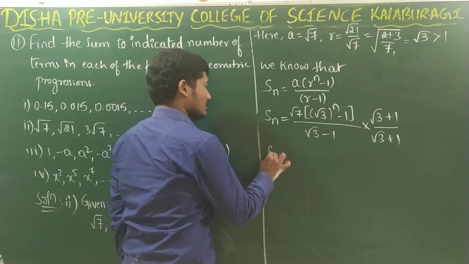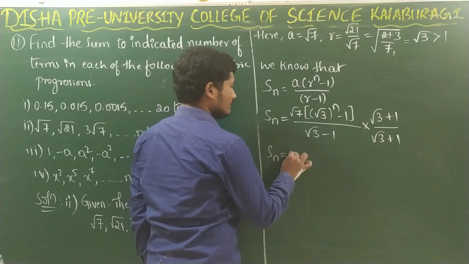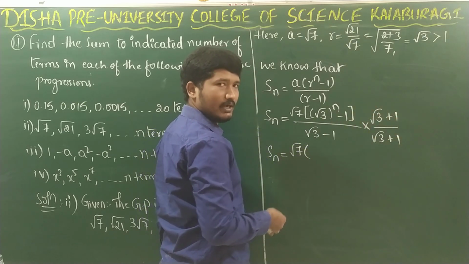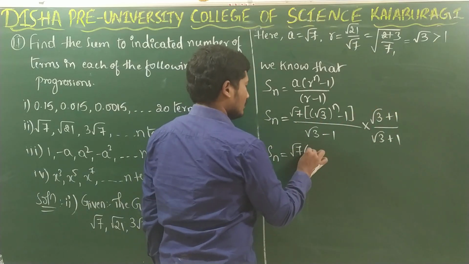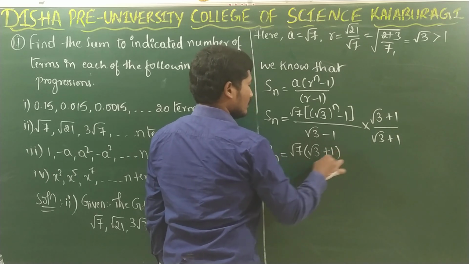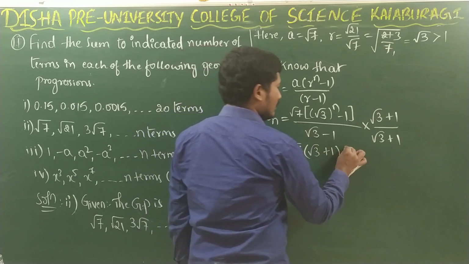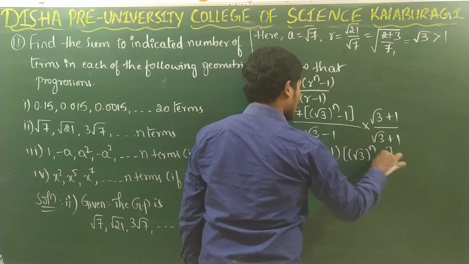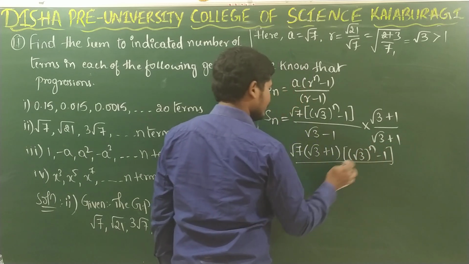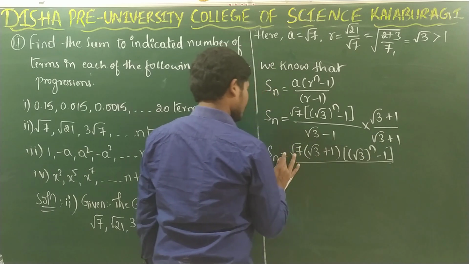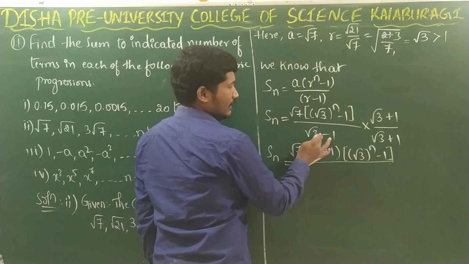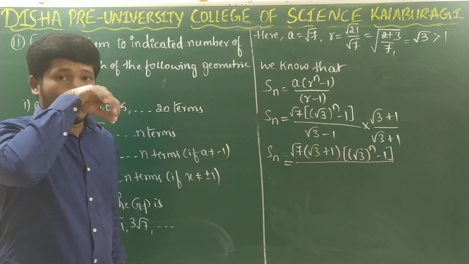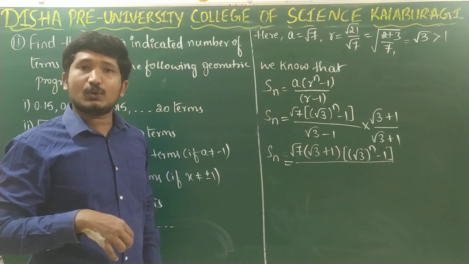So Sn is equal to root 7 into, see, all these three are a product, that is a product of 3 terms. So I can write them as root 7 into root 3 plus 1 into root 3 whole power n minus 1 divided by, see here, it is of the form a minus b into a plus b in the denominator. What is a minus b into a plus b?